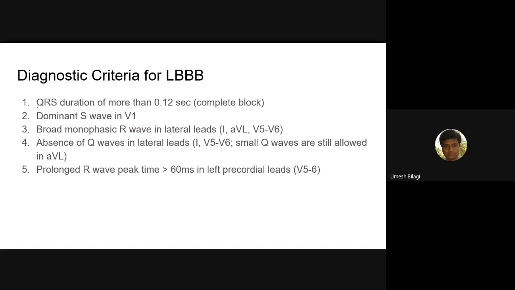Diagnostic criteria for LBBB: you get a QRS wider than 0.12, with a dominant S wave in V1. I told you, it is predominantly negative in V1.